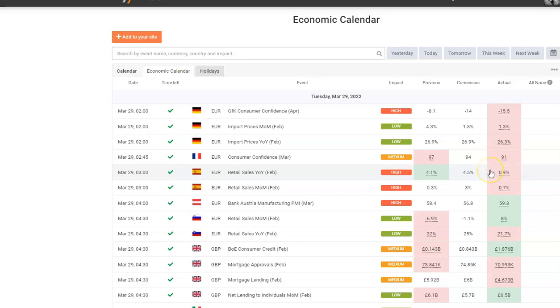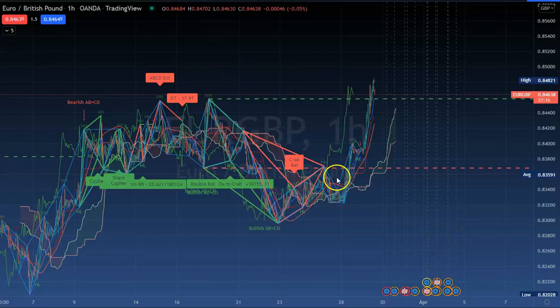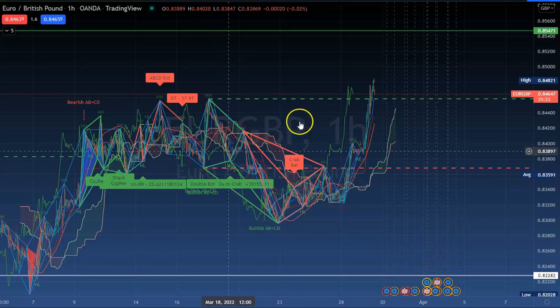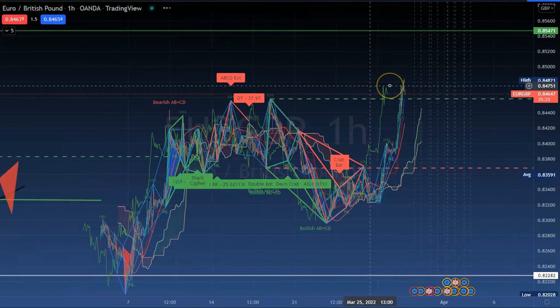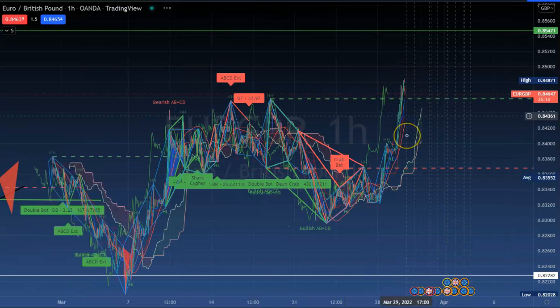I didn't know it was going to be good or bad. I just knew it was going to be news, and the news usually goes against me. So that's why I just did it. But it did that, and then slight breakout a little bit. This is on the hour. Slight breakout a little bit.